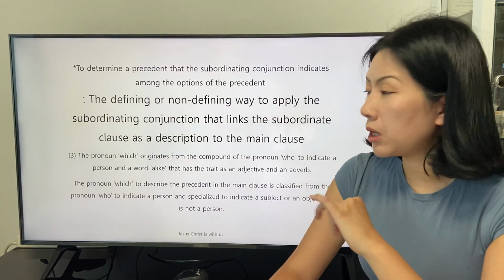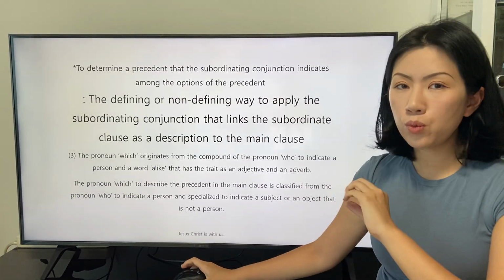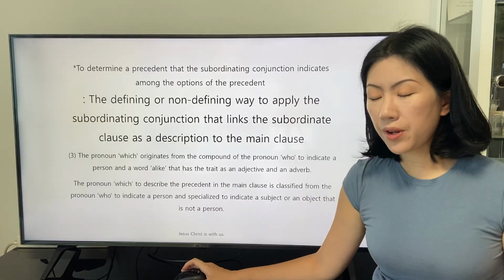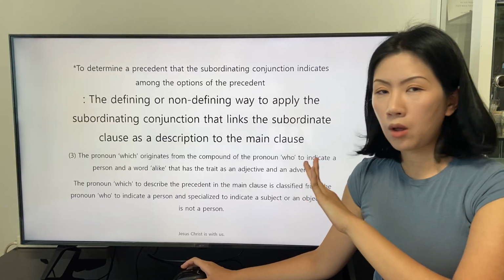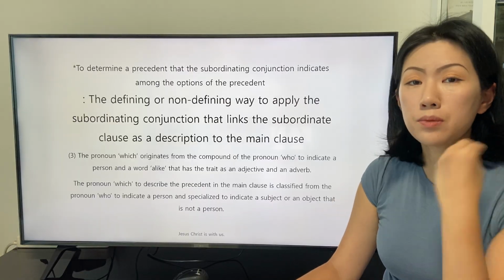And we will study the pronoun which. We briefly previewed the way that the pronoun which is applied with a specific premise.